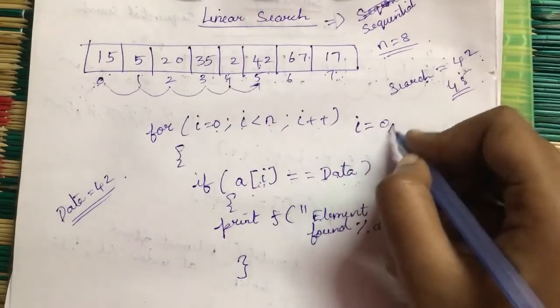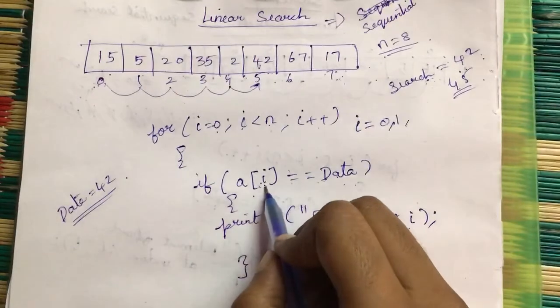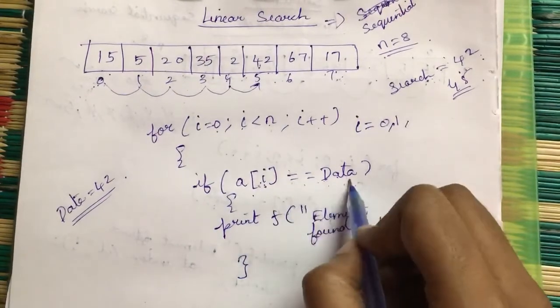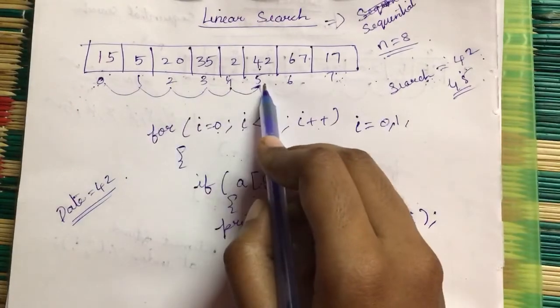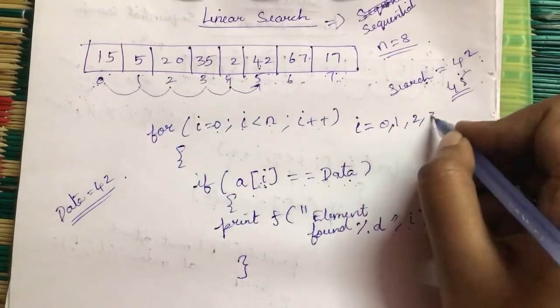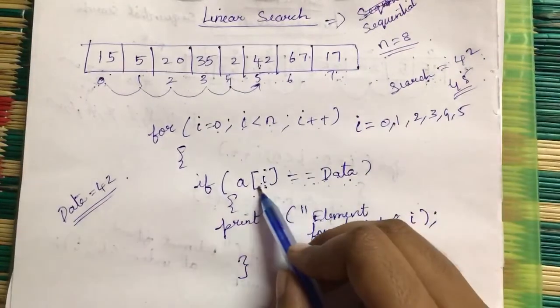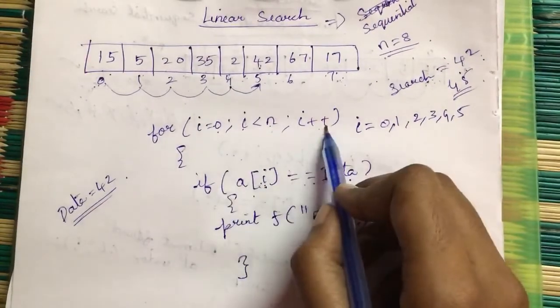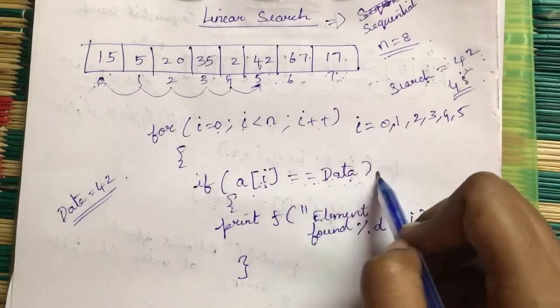Now the i value will be 1. Again compare: a of i is 5, is it equal to 42? No. So it will compare till we reach index 5, where we will find the data. a of 5 is equal to data. Yes, this condition is true.